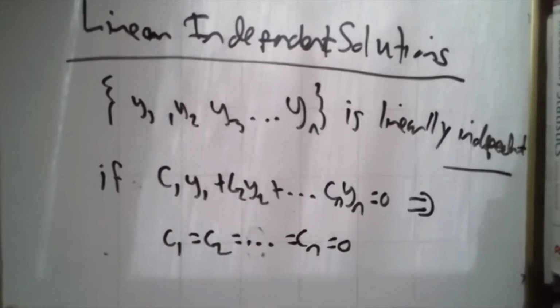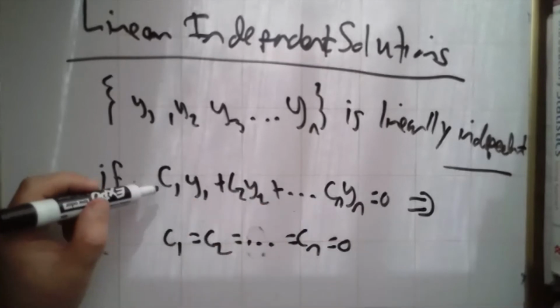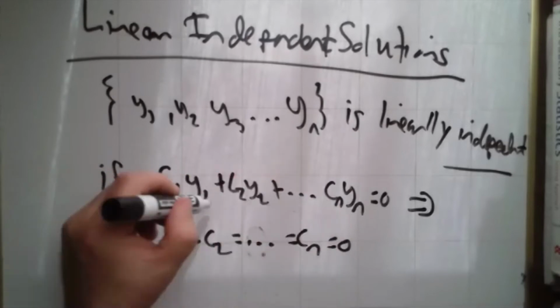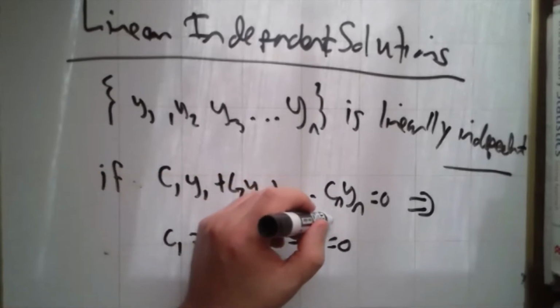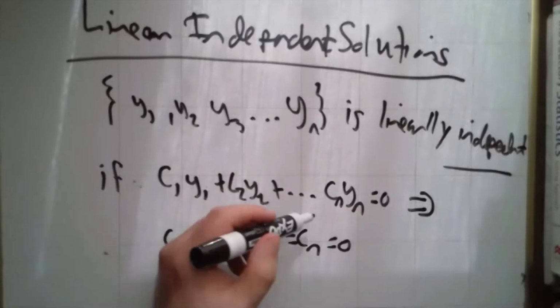If it's possible for you to write down a linear combination in general with arbitrary coefficients equal to 0, that must imply every coefficient is 0.